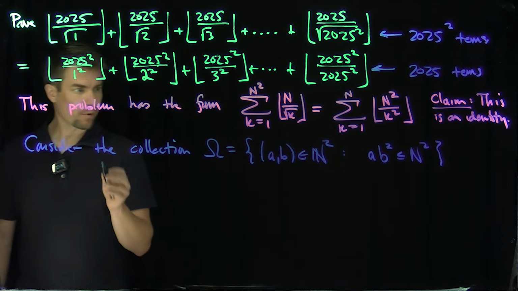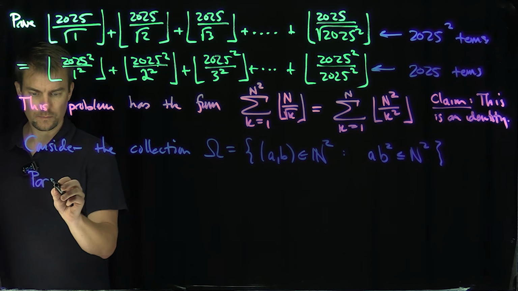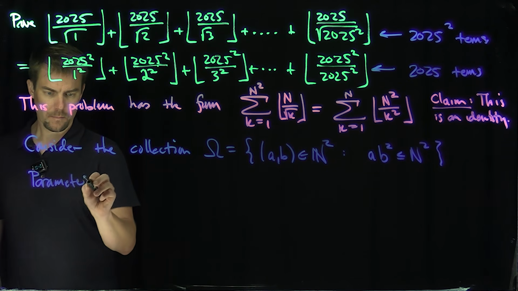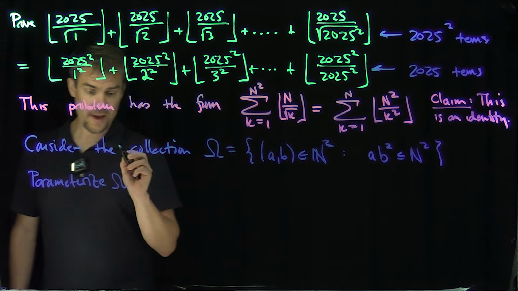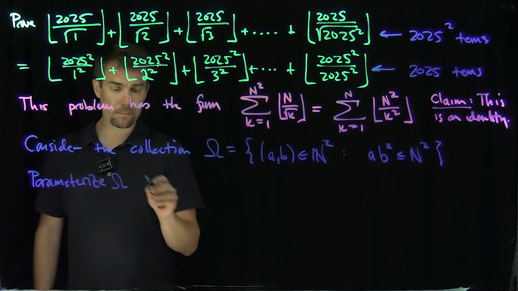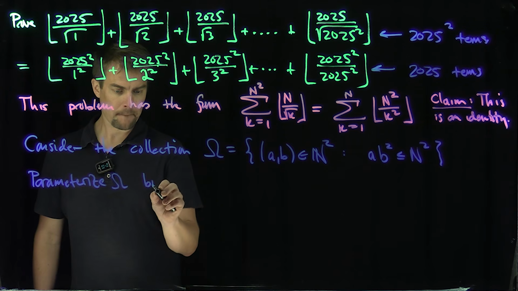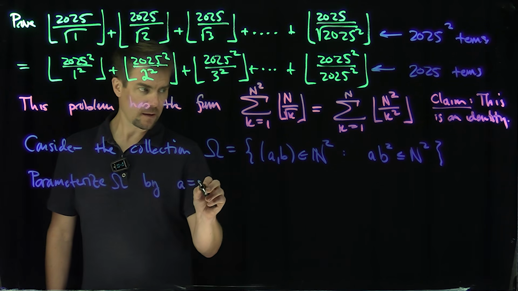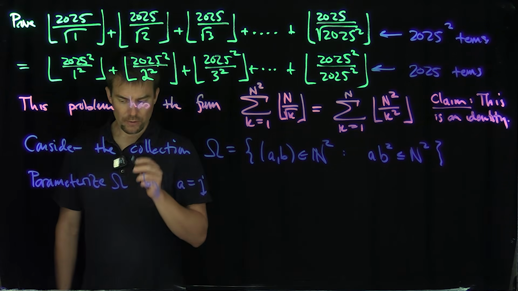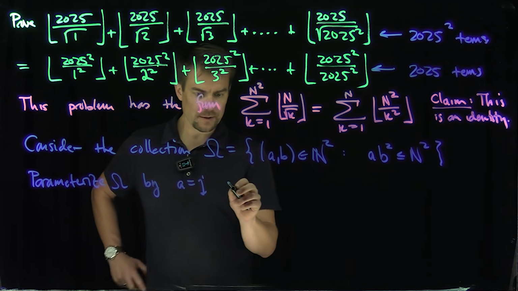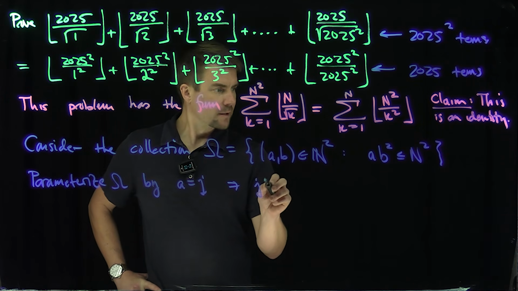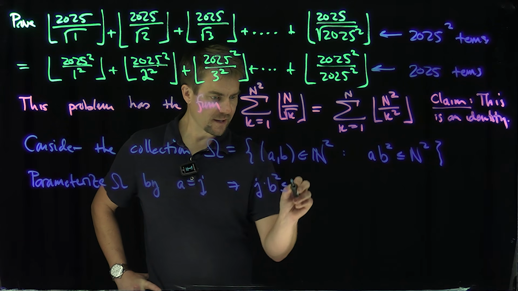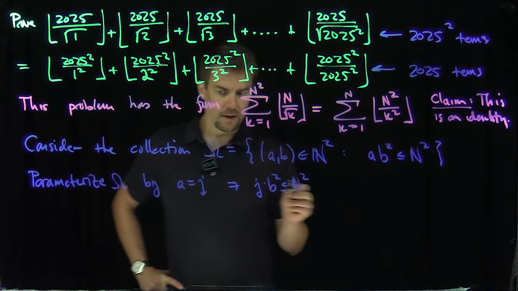So note, we can parameterize omega by a equals j, right? If a equals j, then I know that j times b squared is less than or equal to n squared. And what does that tell me?